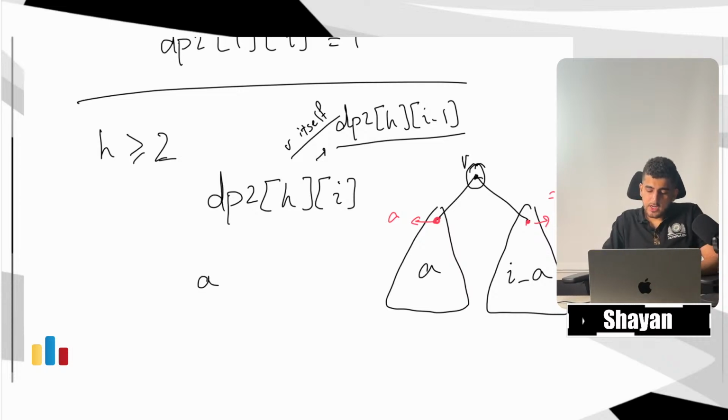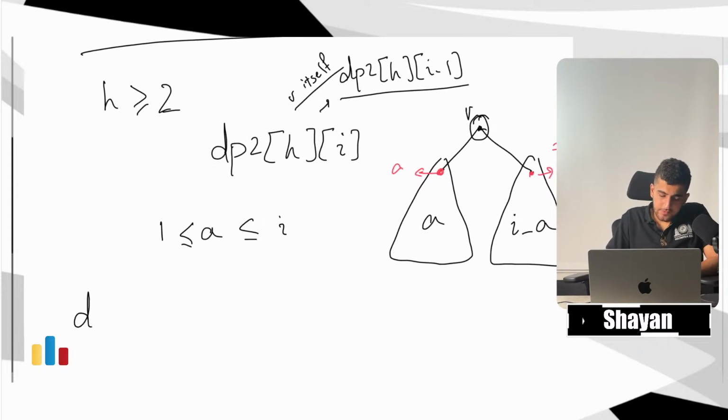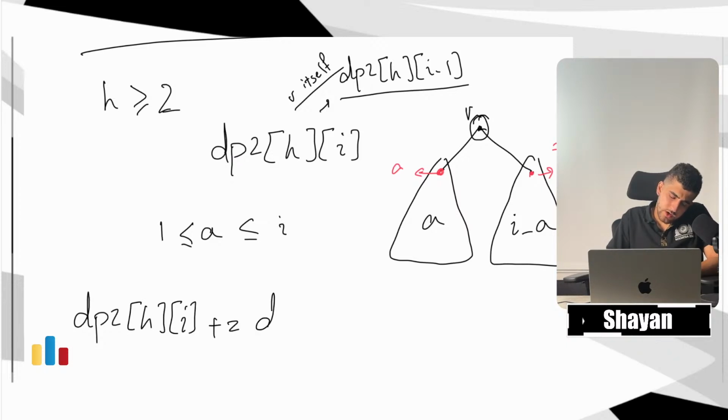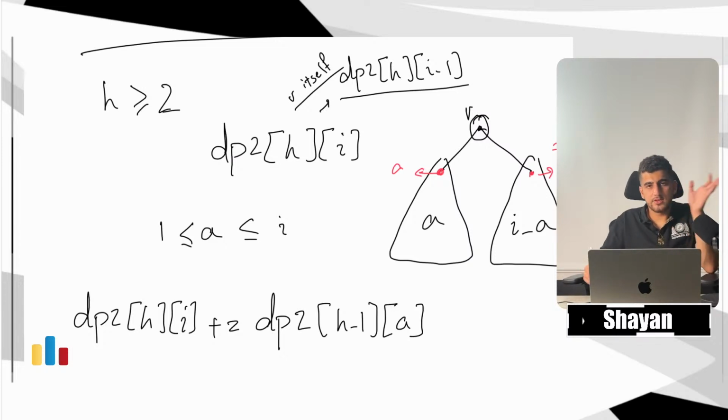So I can have a from 1 to i, and I can add to dp2 of h and i the number of times that I add a to the left child.